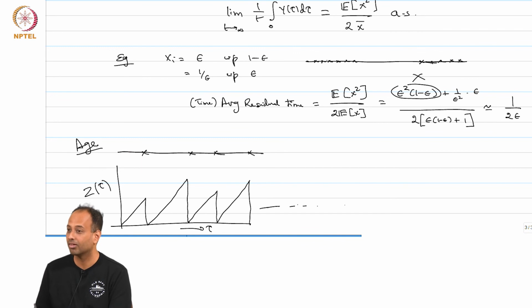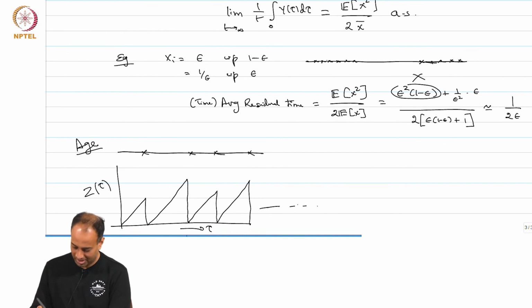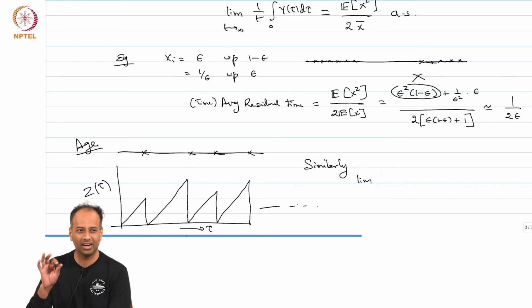This is what the z tau looks like, but actually if you think about it, the areas are the same, it is just that the figure is reversed. By the same argument, except these triangles are flipped, the areas will be the same.